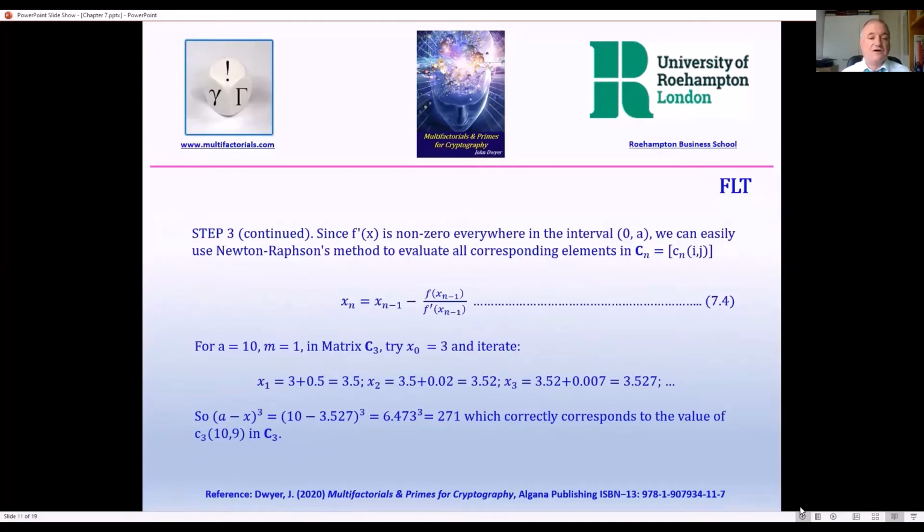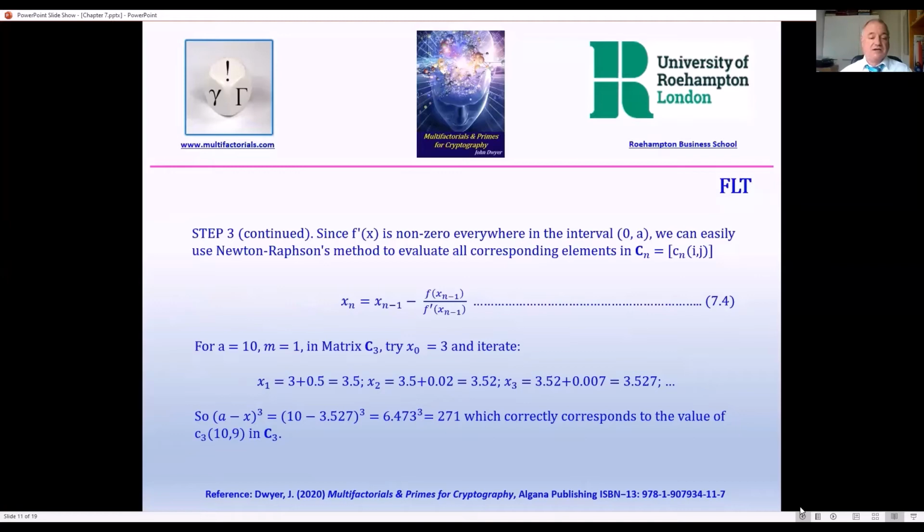So we find that x cannot possibly be an integer. It can't even be a rational number, because x must be an irrational number to have a positive gradient everywhere in the interval 0 to a. So we know the derivative of f is non-zero, so we can use Newton-Raphson.